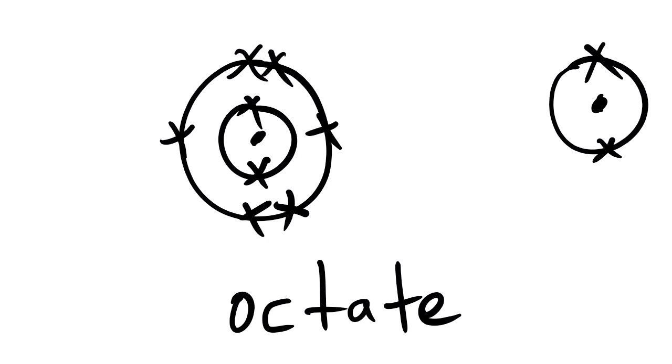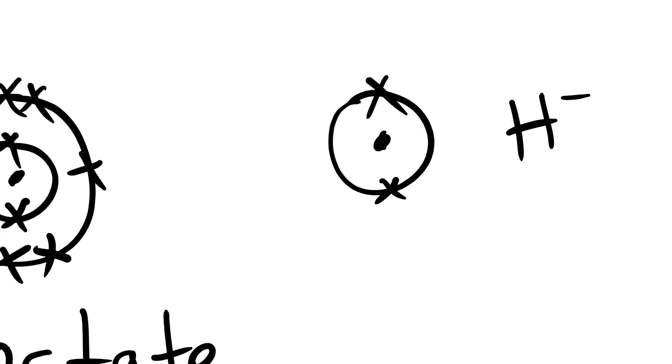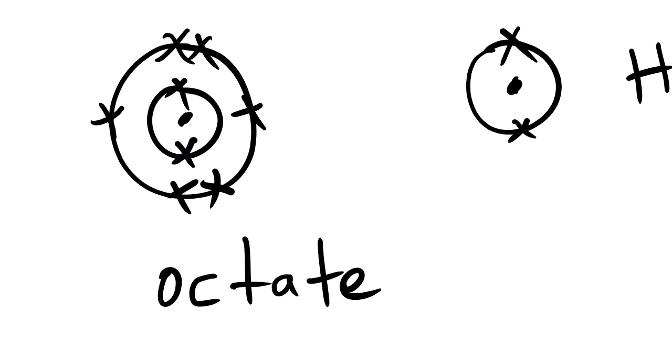Doublet electronic configuration means having this electron and this electron. But when you say octet electronic configuration, you mean this shell will contain how many electrons? 8 electrons.